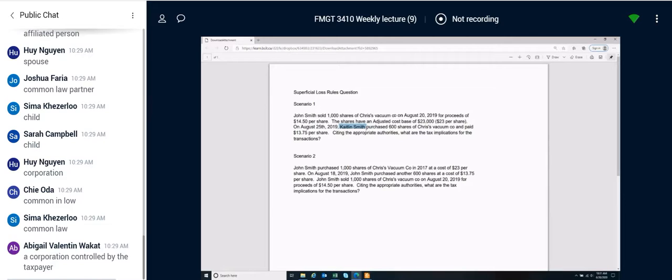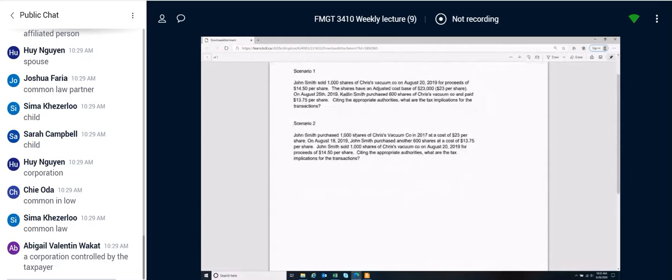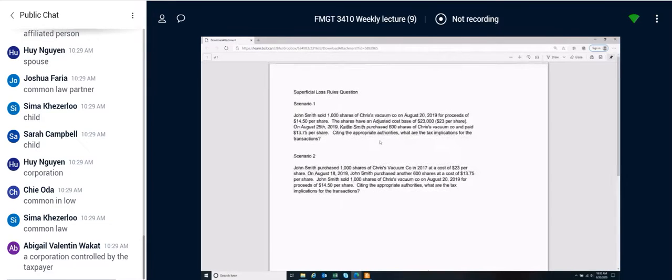So if someone wanted to really pick a bone with me, you could argue, Chris, you should have made it really clear it's a spouse. But I'm telling you now, for sure, this was meant to be the spouse. In scenario two, John Smith himself purchased it. So in the case of John Smith, he's a taxpayer. So in both cases, it's been met.